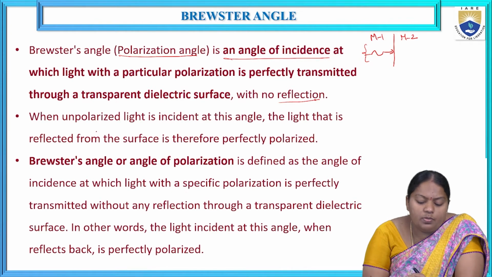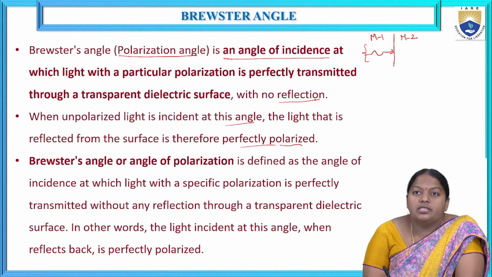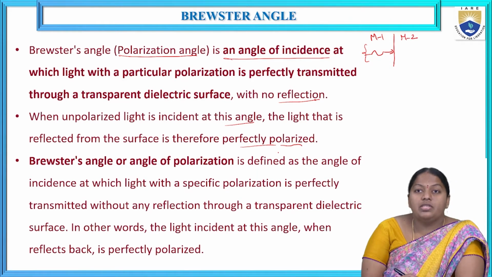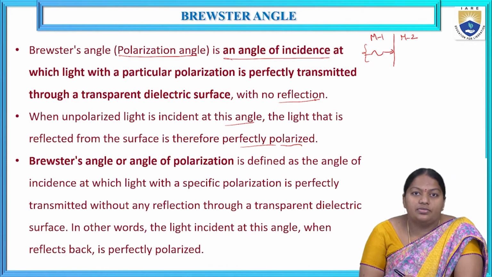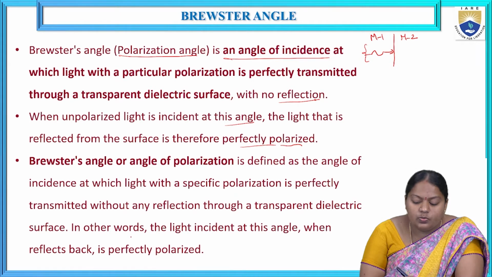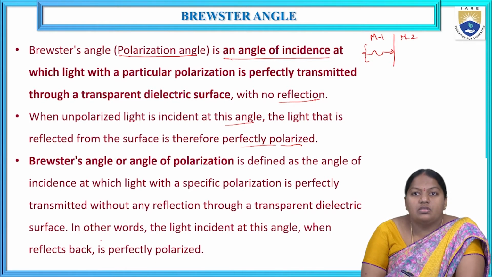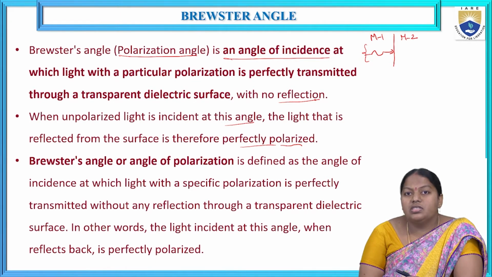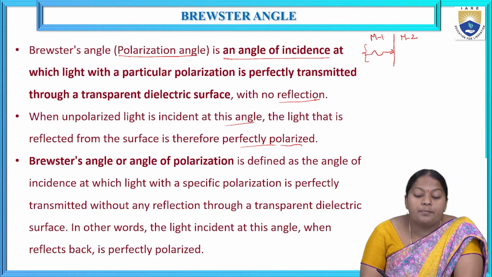When unpolarized light is incident at this angle, the light reflected from the surface is perfectly polarized. Polarization means the orientation of the electric field intensity vector at a particular point in space. In previous lectures, we discussed linear, elliptical and circular polarizations.